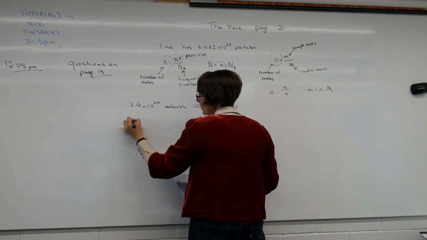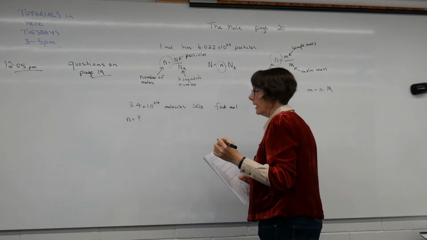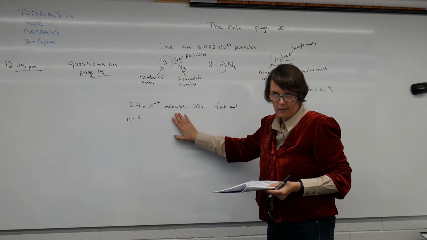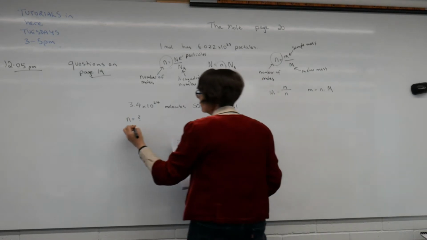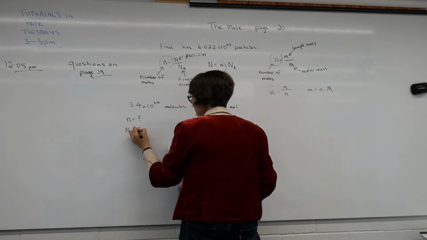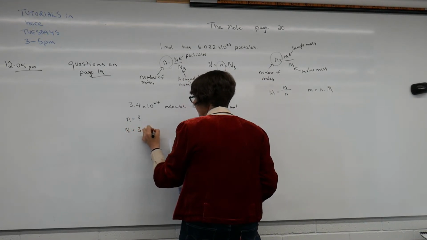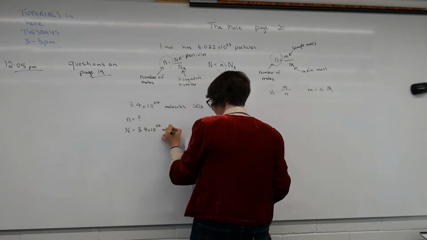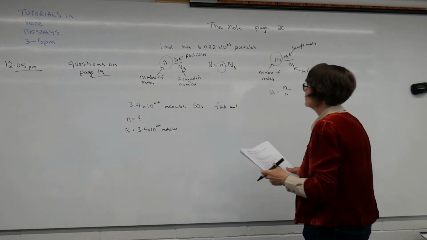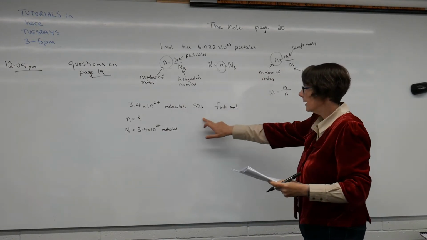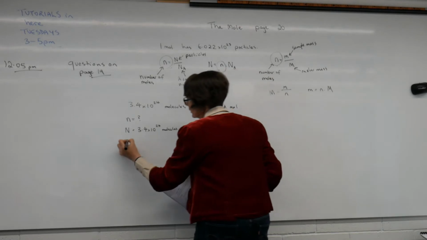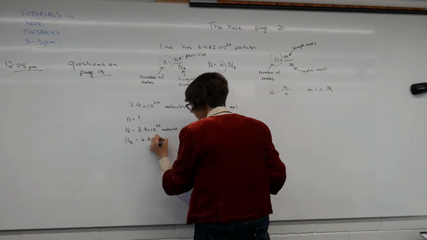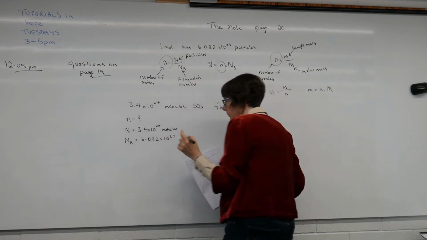And molecules are particles, aren't they? So what we know then is the number of particles. So if we want to find n, we have that, we can also then use Avogadro's constant to find n.